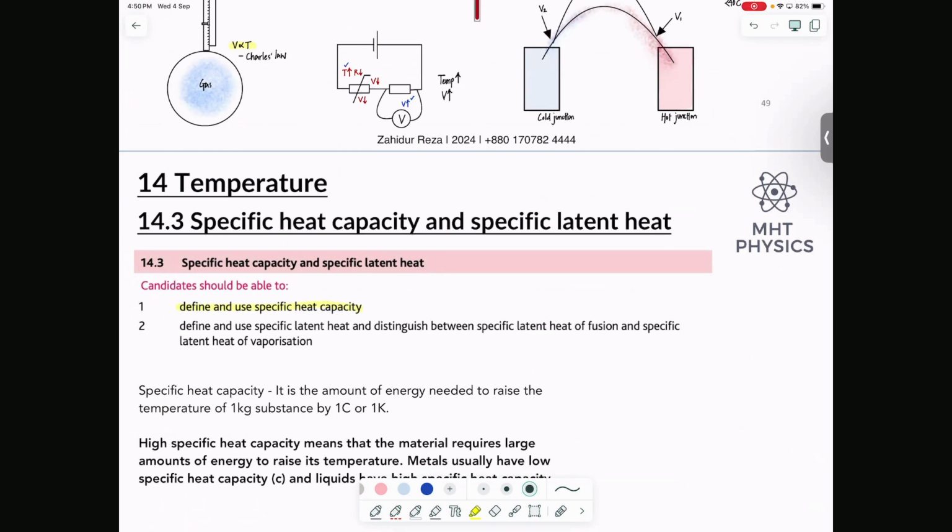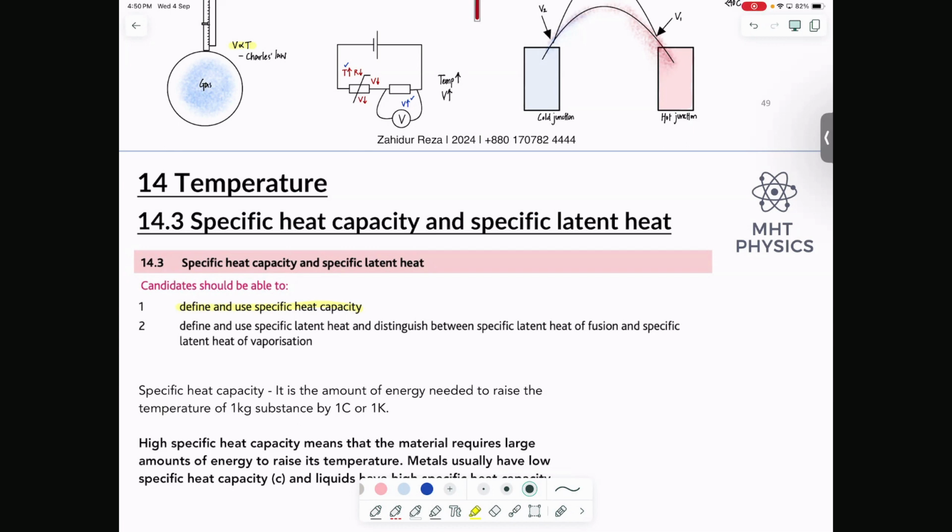Right. So specific heat capacity was the amount of energy needed to raise the temperature of 1 kg of a substance by 1 degree Celsius or 1 Kelvin, right? Why is this number helpful? It allows you to understand which material will heat up more easily or will take more effort. And the higher the specific heat capacity value, the less likely the material is to heat up.